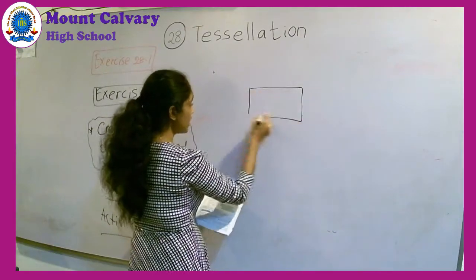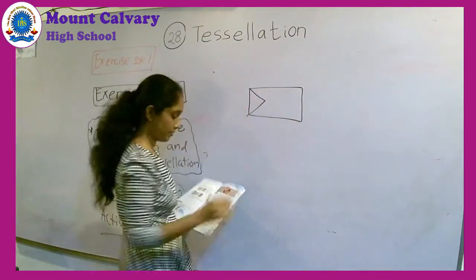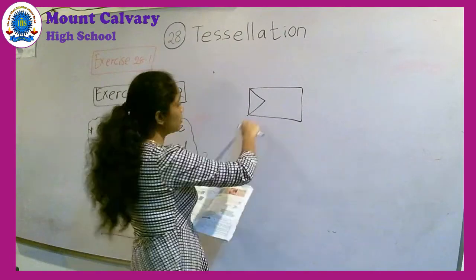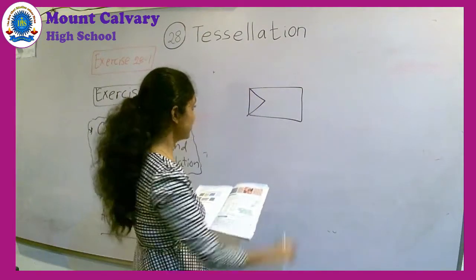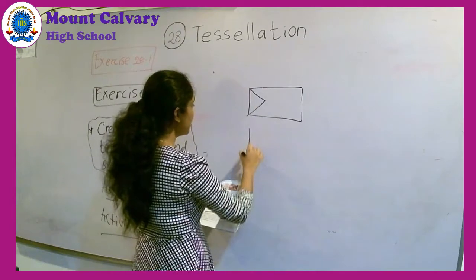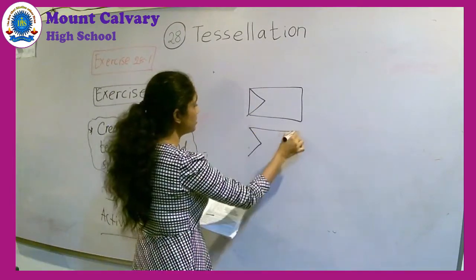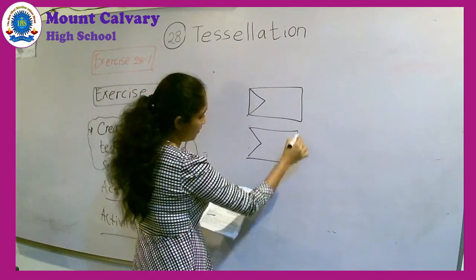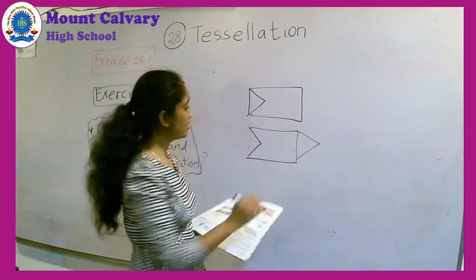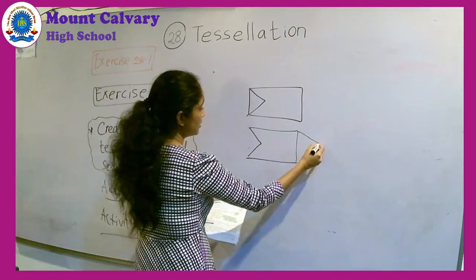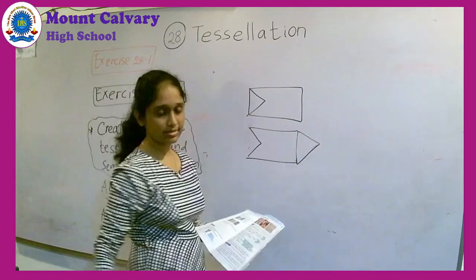The figure is the rectangle, so you have to cut this triangle and paste it like this. If you cut that triangle, you are having a figure like this now. Then paste it here and then you will have another different figure like this.